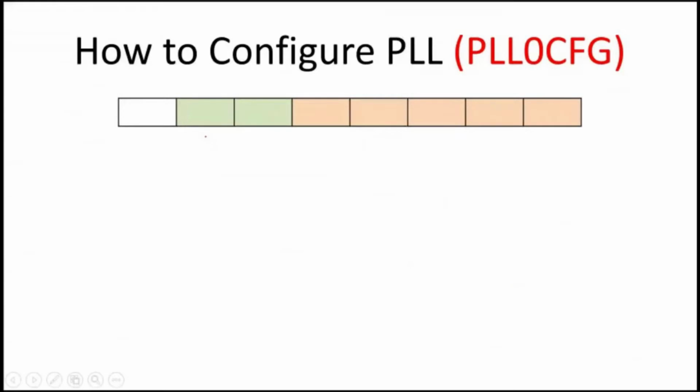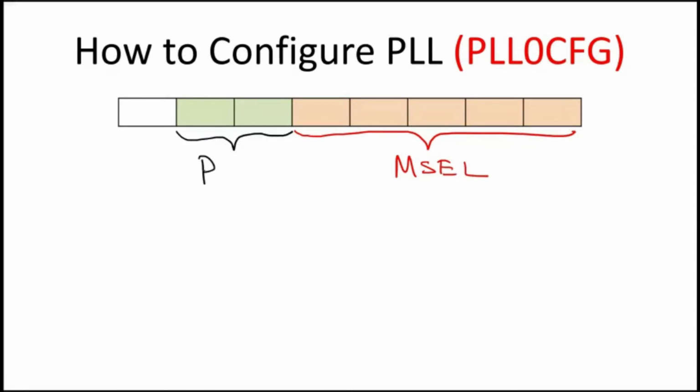In the PLL config register, which is a 32-bit register, the first 7 bits are used for loading M select and P select, of which the first 5 bits are reserved for M select, and the next 2 bits are reserved for P select. What is our desired value of M select? The desired value of M select is 5.